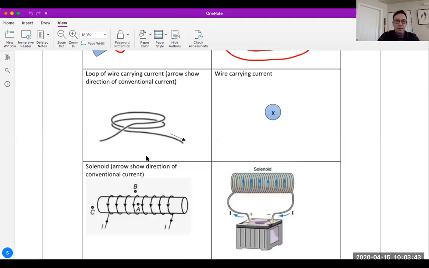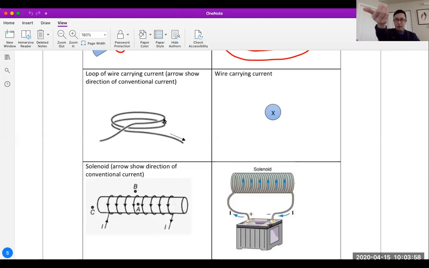All right, let's go back to our question. Here, current is running this way through the loops and out. So if you grab any one part of this loop, and let's take this part here, current runs this way.